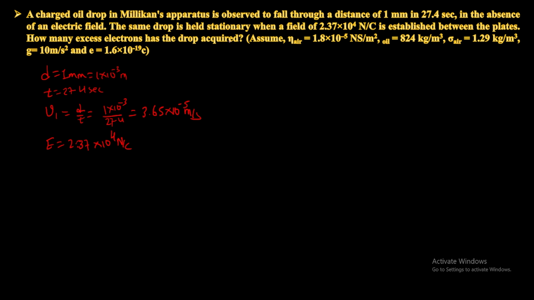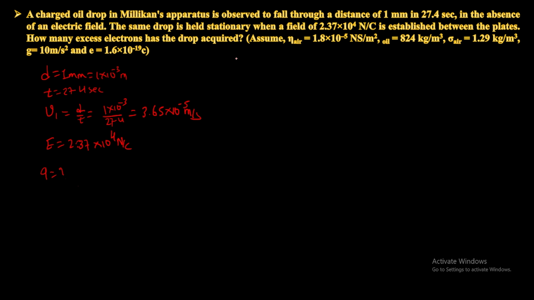It becomes motionless. In this question, we have to find the total charge in the given oil drop first, and then we can find the excess number of electrons in the given oil drop, so that the oil drop can be suspended in between the given parallel plates.